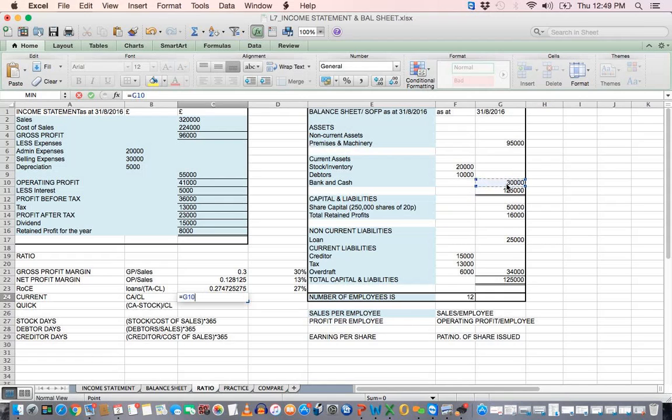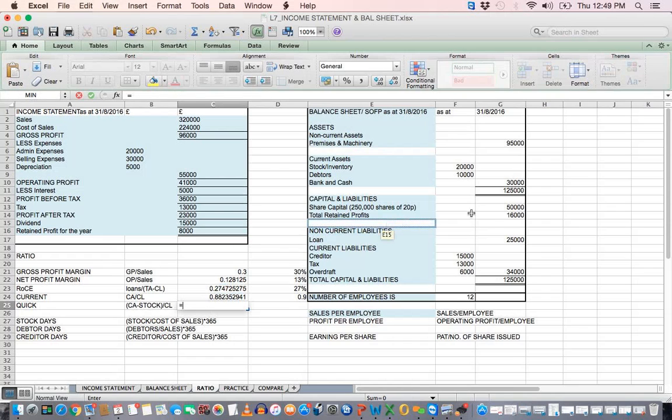Our current asset is here, that's our total current assets, divided by current liabilities. Where are our current liabilities? This is our current liabilities. So take that cell reference and hit enter, then you get your current ratio. That is 0.89, 0.9 basically.